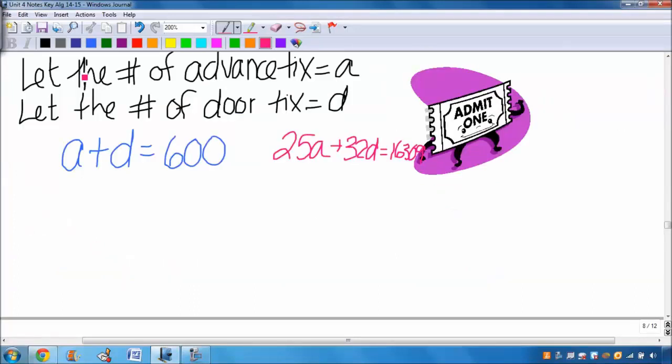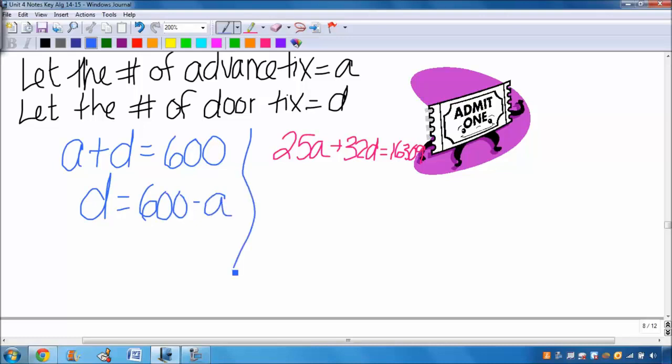Okay. Now you can use substitution or elimination to solve this. It's 100% your choice. I'm going to use substitution. So I'm going to subtract the A from both sides and isolate the D. So I get D equals 600 minus A.